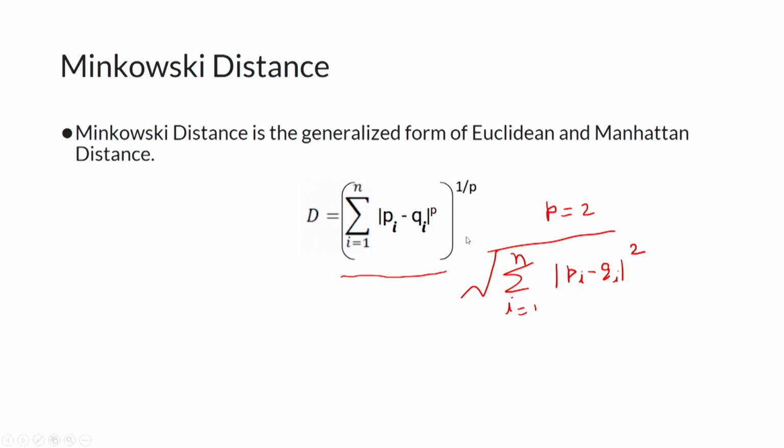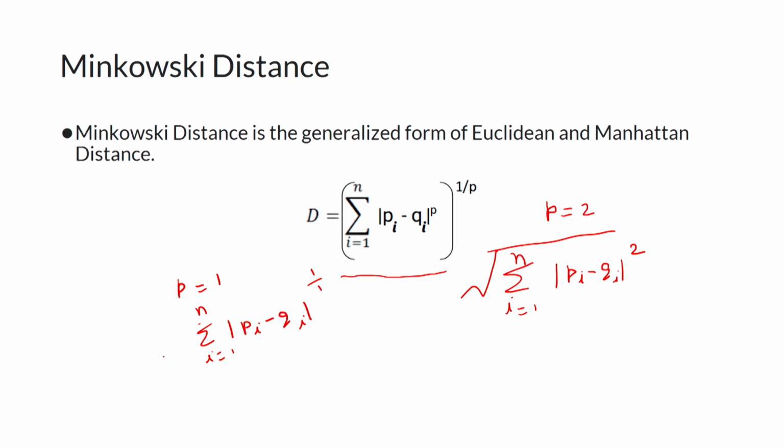That is why it is a generalized form of Euclidean distance. And if we take the value of p as 1, it will become the summation for i equal to 1 to n of mod of pi minus qi, and then to the power 1 upon p, that is 1 upon 1, so it is 1 only.